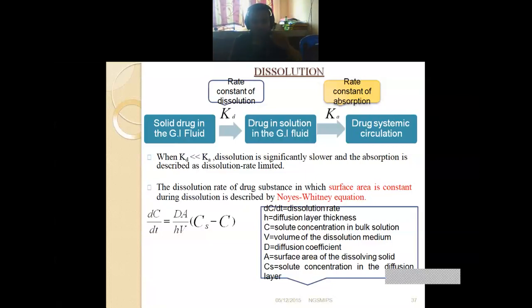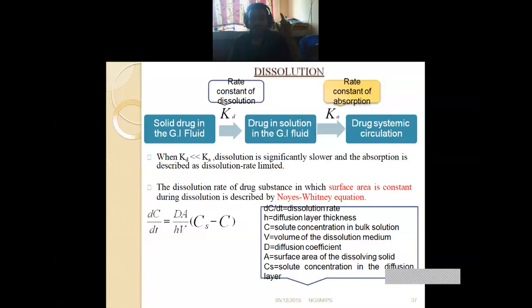For drug substances whose surface area is constant, the dissolution rate is described by this equation. By this equation, we can calculate the dissolution rate. dC/dt means dissolution rate. h is the diffusion layer thickness, meaning the layer of the particular membrane, the lipid membrane of the cell.